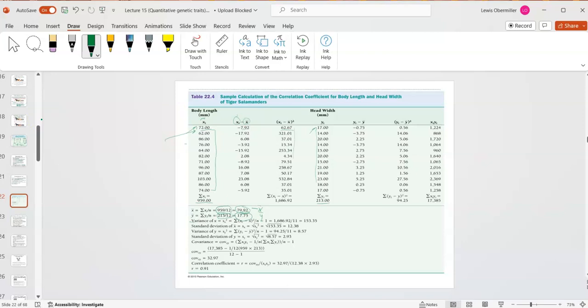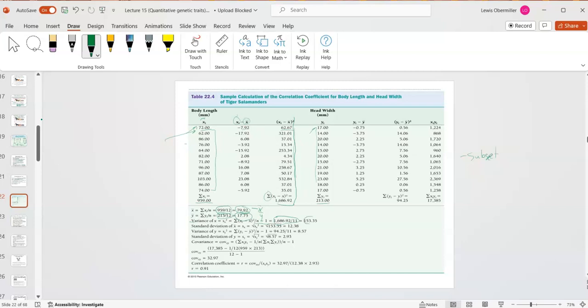So we add these all together. So this is the sum of the differences, and this is our value. This is exactly how we calculated variance before. So here's our variance, and then we had to divide it by n minus 1, because this is not every tiger salamander on Earth's body length and head width. It's a subset, and that's why we subtract 1.